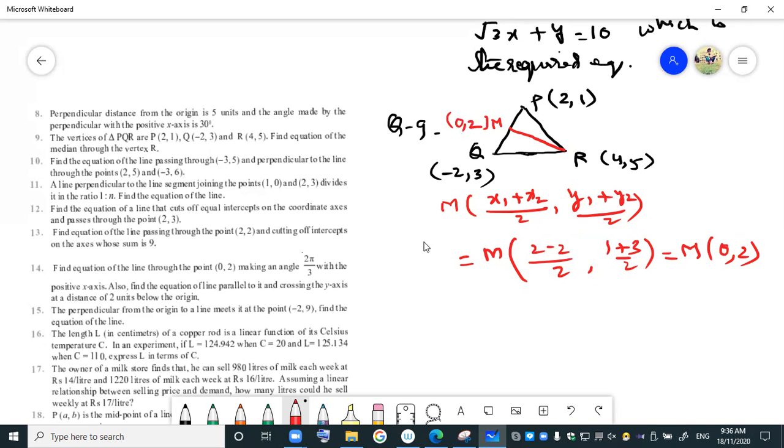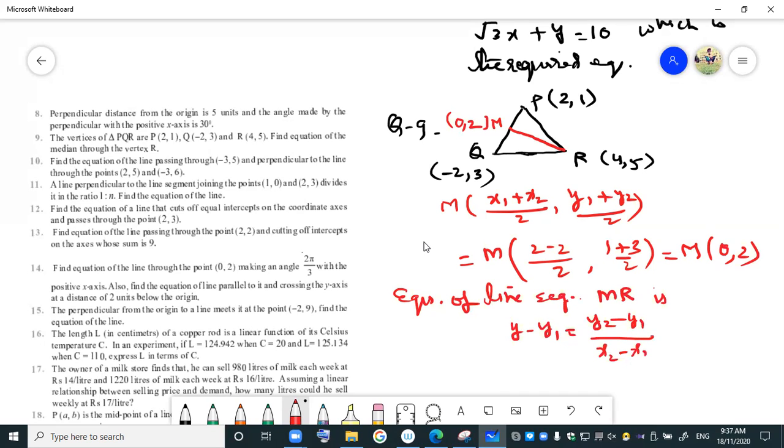We can find the equation of line segment MR by using the formula, the equation of a line passing through two given points: y minus y1 equals y2 minus y1 upon x2 minus x1 times x minus x1.